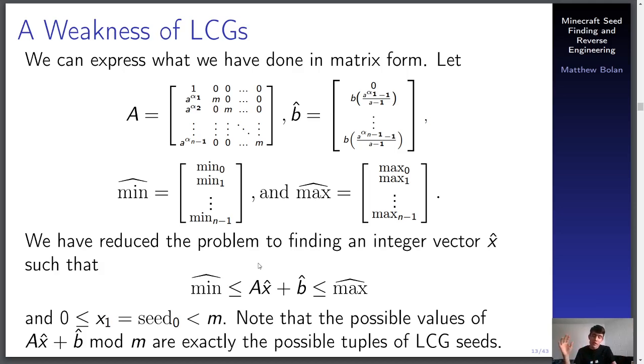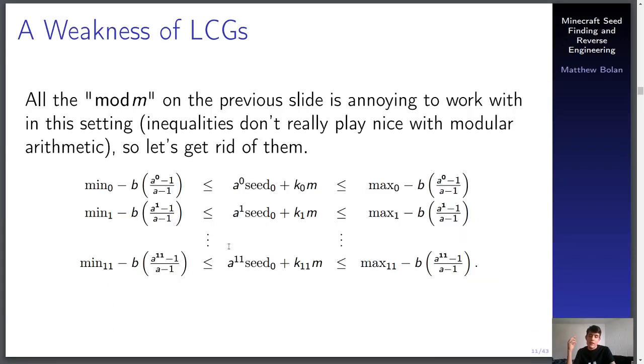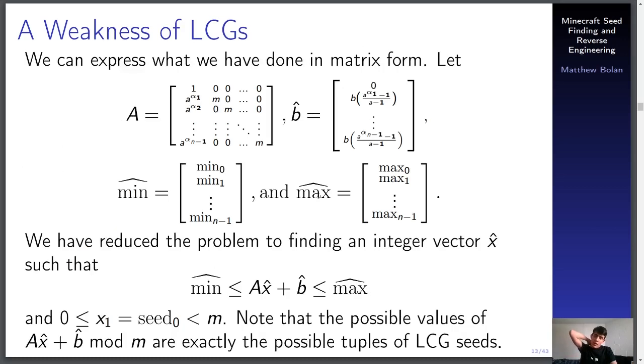And so by just substituting in the equation that we derived last video, in terms of seed 0, to get all of these inequalities basically in terms of this one variable, and then accounting for the modulus, we now have a very different formulation of the problem.